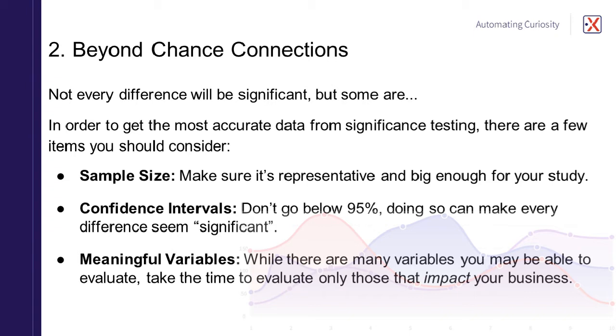When someone is running segmentation studies, what should my total N be? Should I go with 100? Should I go with 1,000? Should I go with 10,000?